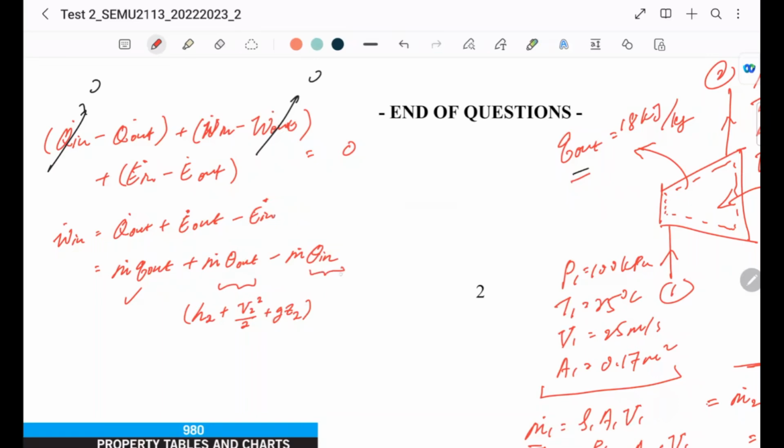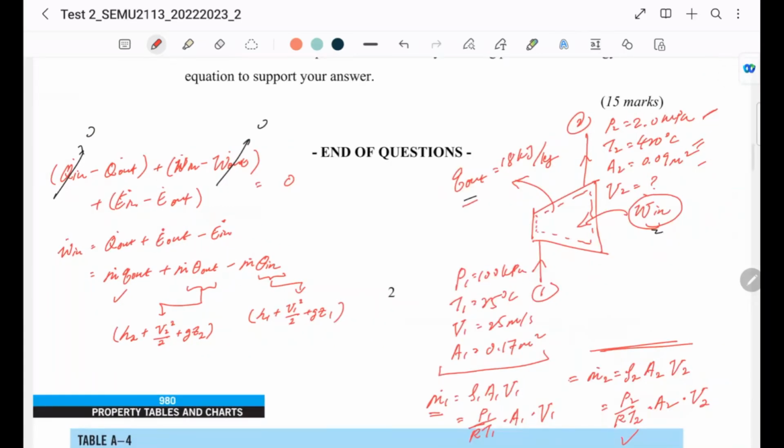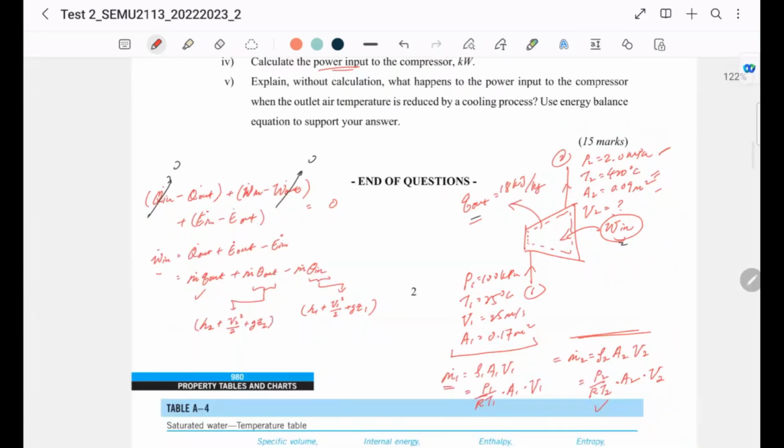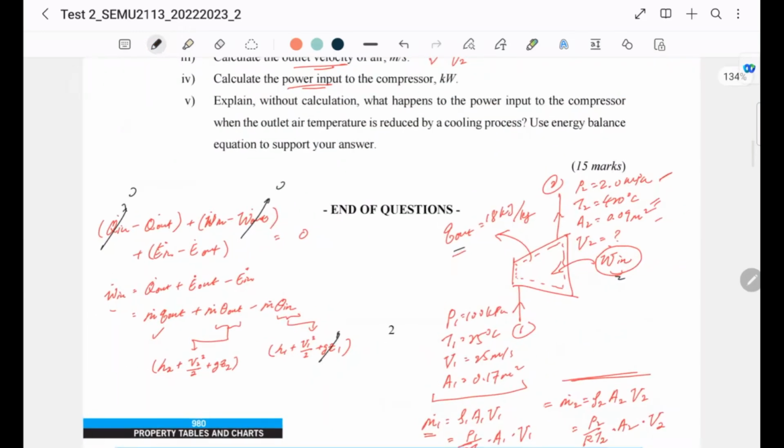Okay, so here, minus h1 plus V1 squared over 2 plus g z1. Okay, so then from there you should be able to find out work in. The question wants us to ignore the potential energy. So even though I write the full equation, this should be 0.